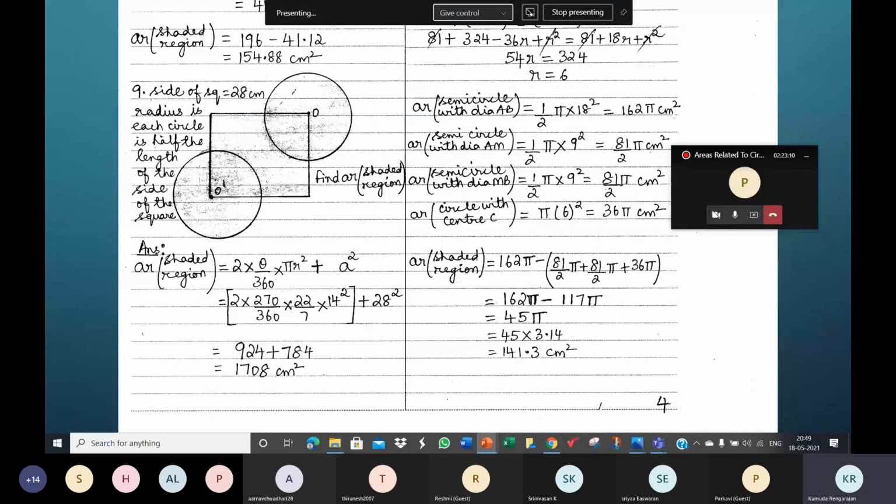Find the area of a quadrant. Write down this question, children.